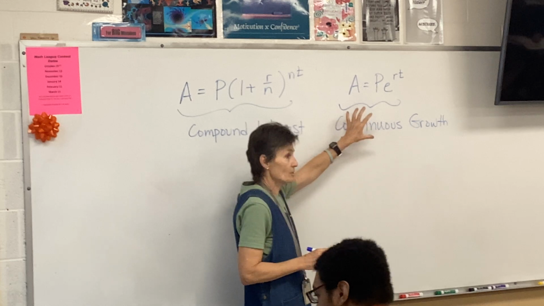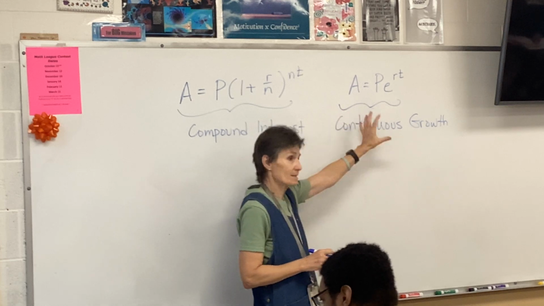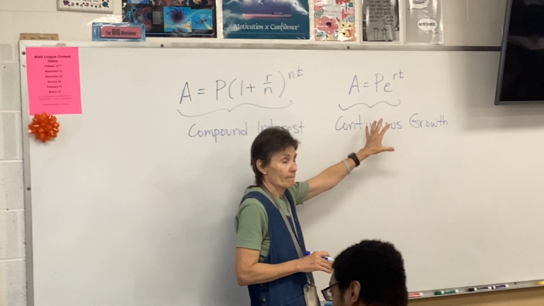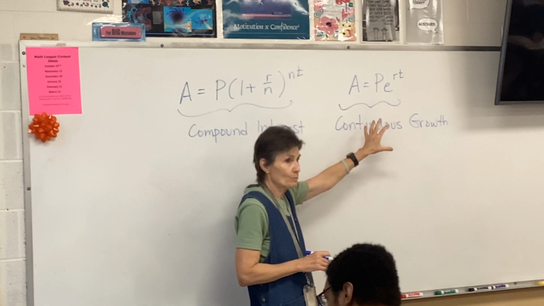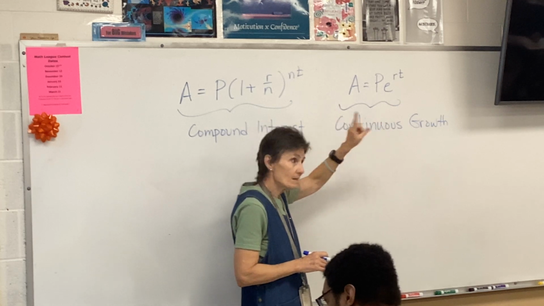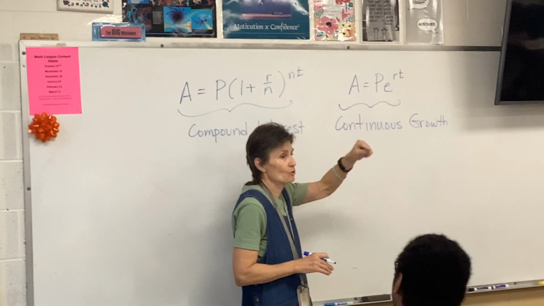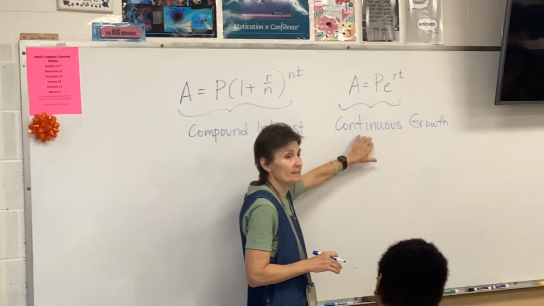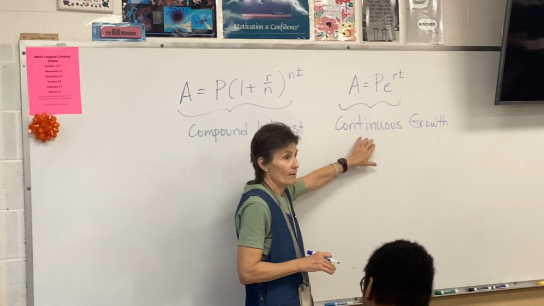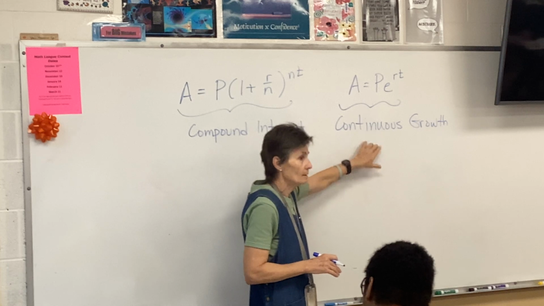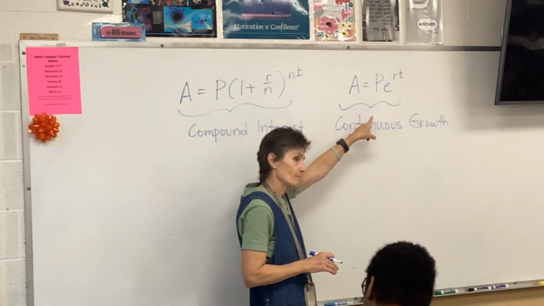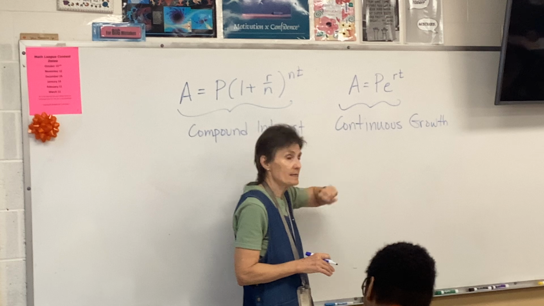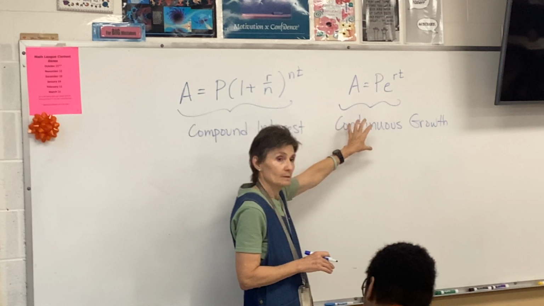So this formula is going to work with everything that isn't money. We'll also use it for money if the problem literally says your interest is compounded continuously. If you see this word, that's your formula. If it's not money, that's your formula.